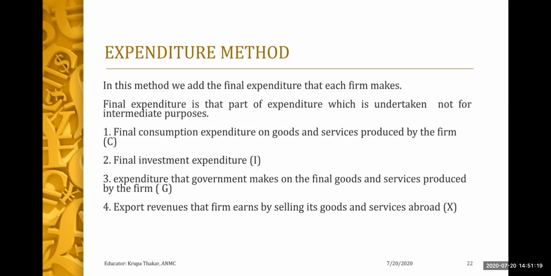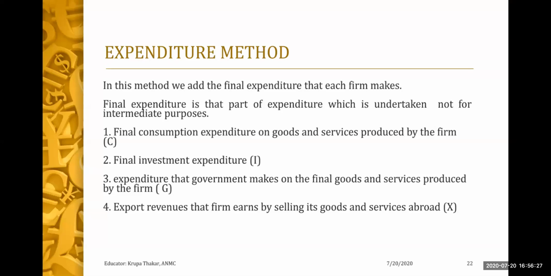Now moving on to the expenditure method. In this method, we are going to add the final expenditure that each firm makes. Final expenditure is that part of expenditure which is undertaken not for intermediate purpose. So in the expenditure method, the first thing we are going to consider is final consumption expenditure.